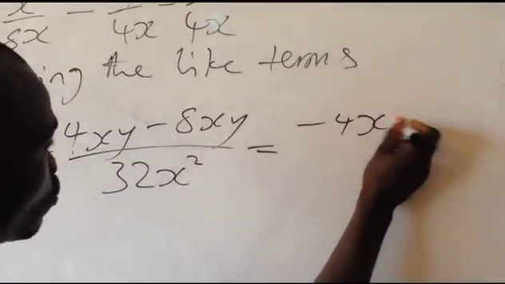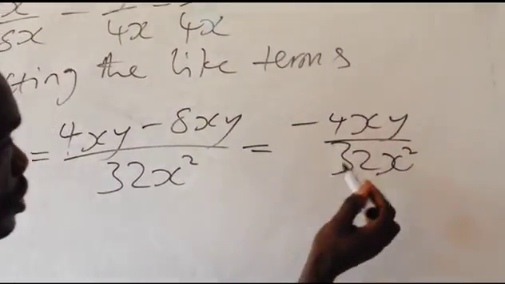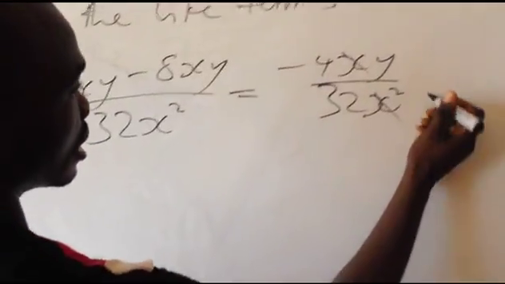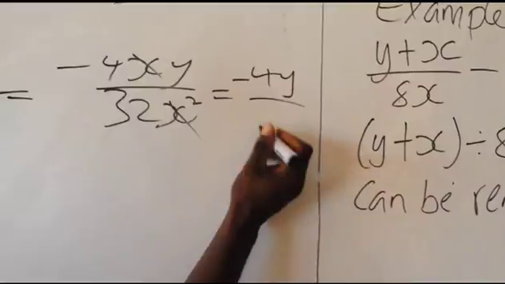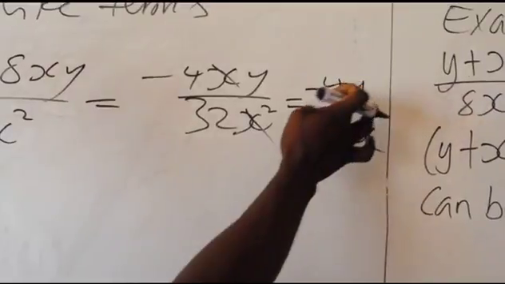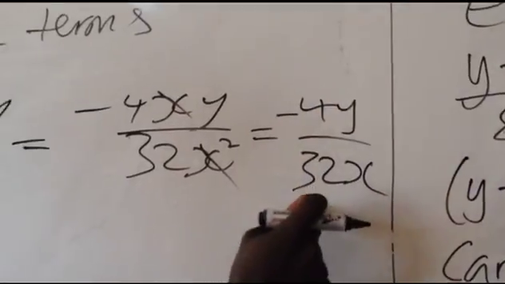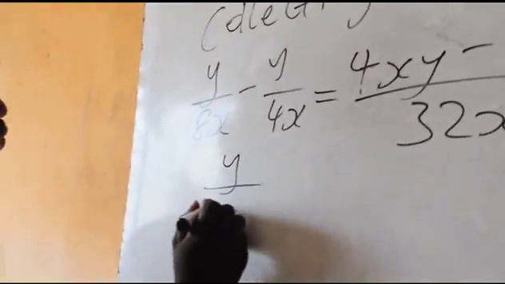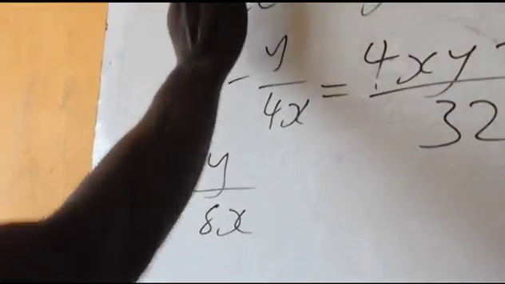That's minus 4xy over 32x squared. So this x squared will be divided by this x. This will cancel out this, to give us minus 4y over 32x. Then we have to bring it to the lowest term. How many 4s do we have in 32? We have 8. So we have it to be y over 8x. So this is what we've got, minus y over 8x for this now.